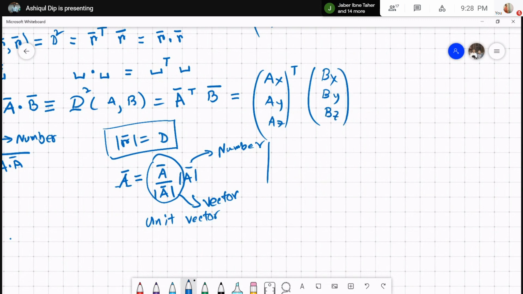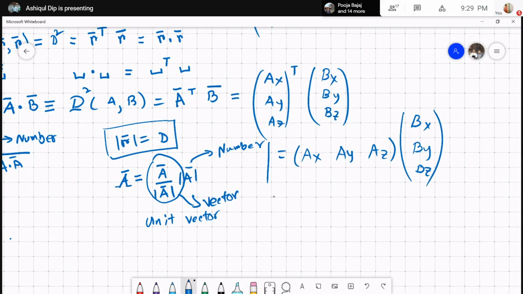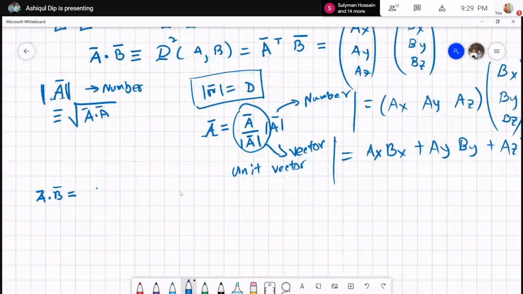What do you get from this? Multiplying this row matrix and this column matrix gives you AX BX plus AY BY plus AZ BZ, right? So that's your dot product in component form, right?